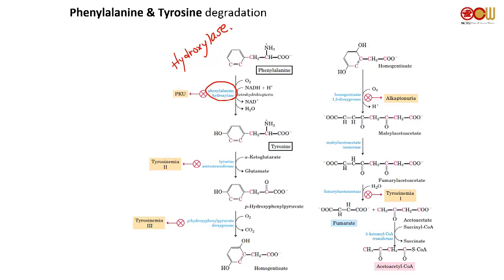Hydroxylase, in a way, it's kind of like it's a type of oxygenase because it uses O2 as the reactant. Okay, it uses molecular oxygen as your substrate. Okay, it's called hydroxylase because it introduces a hydroxyl group. Right? Now, as we know in chemistry, benzene rings are in general unstable, right?